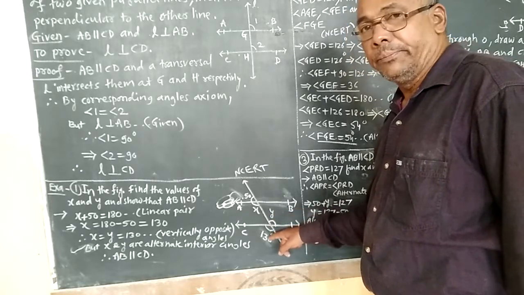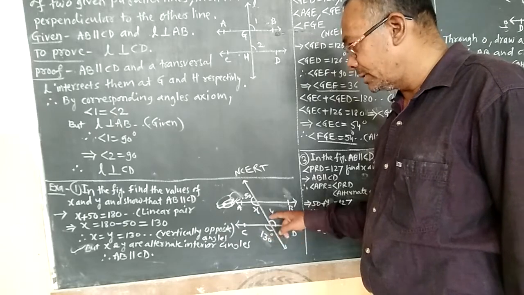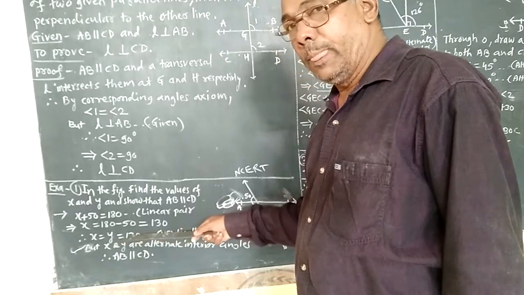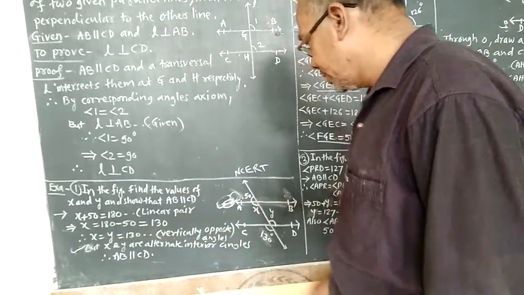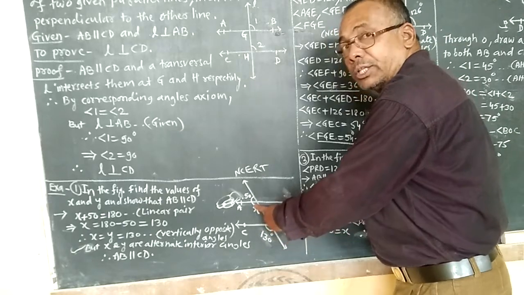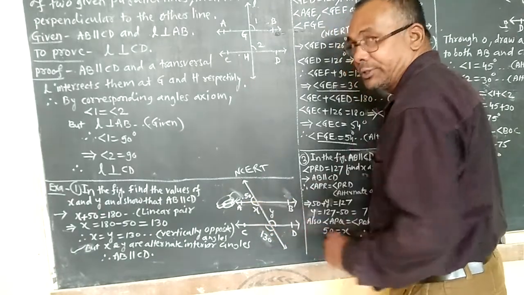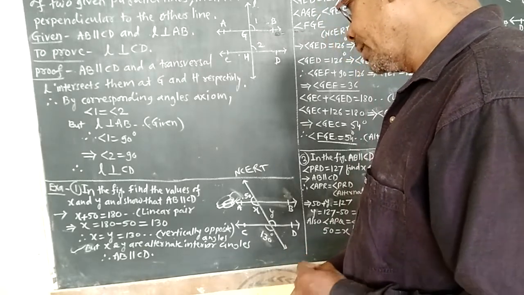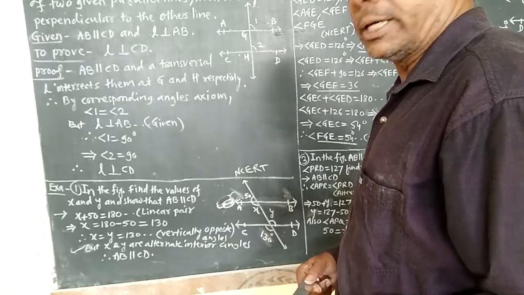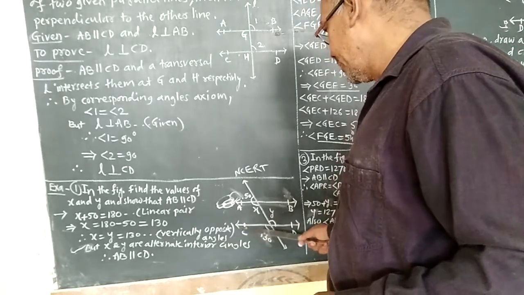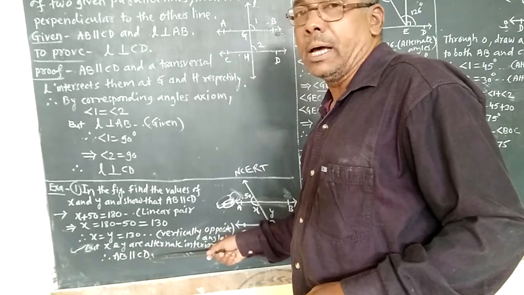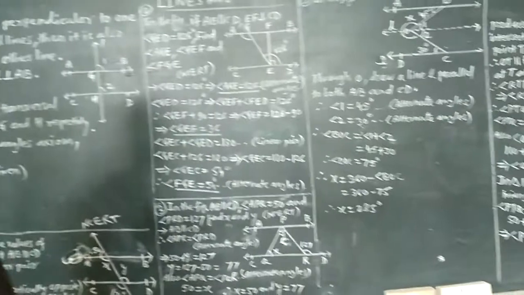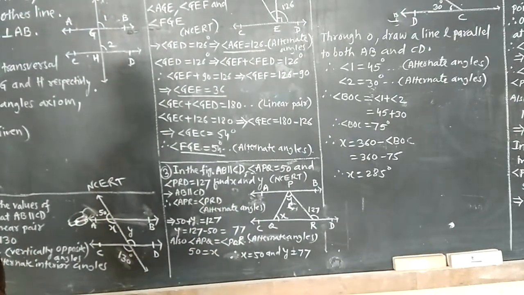Because y and 130 are vertically opposite angles, and therefore we can say that x is equal to y is equal to 130 degrees. And since x and y are the two alternate angles formed due to the transversal of the two lines, by the alternate angles theorem we can say that AB and CD, both the lines, are parallel to each other. So this was the first example we have proved here.